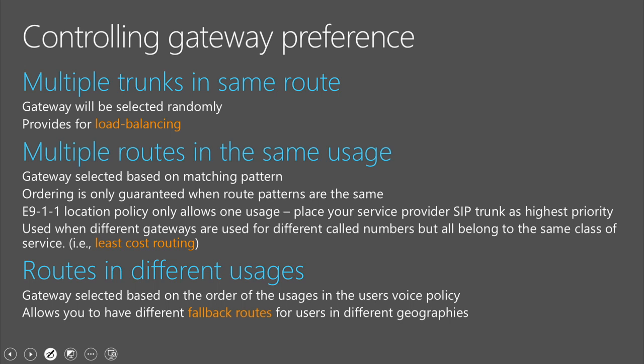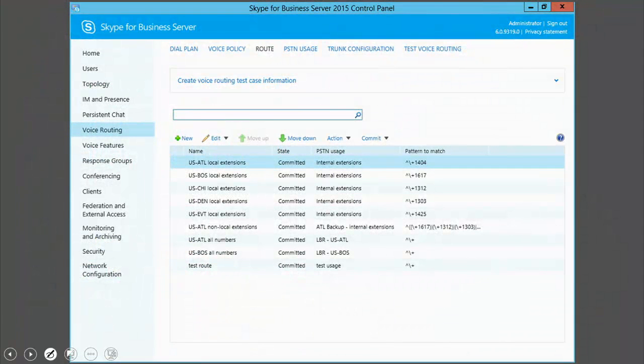I'm not covering some of these basics, but routes are also connected by usages. And so I can actually have multiple routes with the same usage. I have a screenshot of an example where you might do that. Here's several routes. And they all have different patterns that they're matching. Because I'm doing least cost routing here, I want to route to the PBX for Atlanta when you dial an Atlanta number.